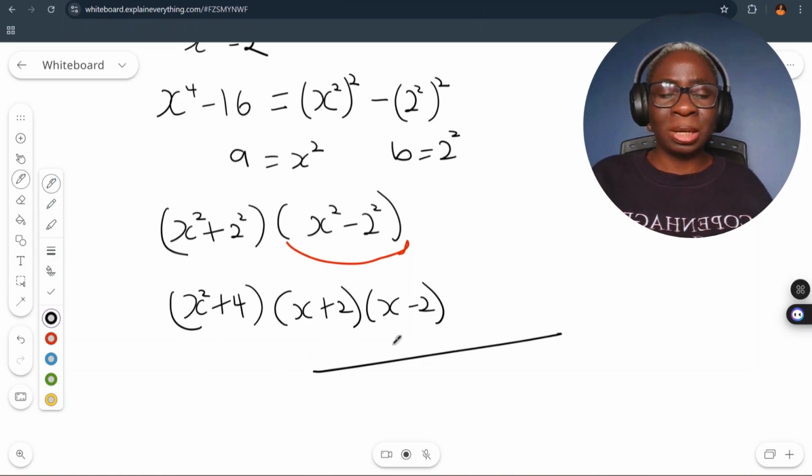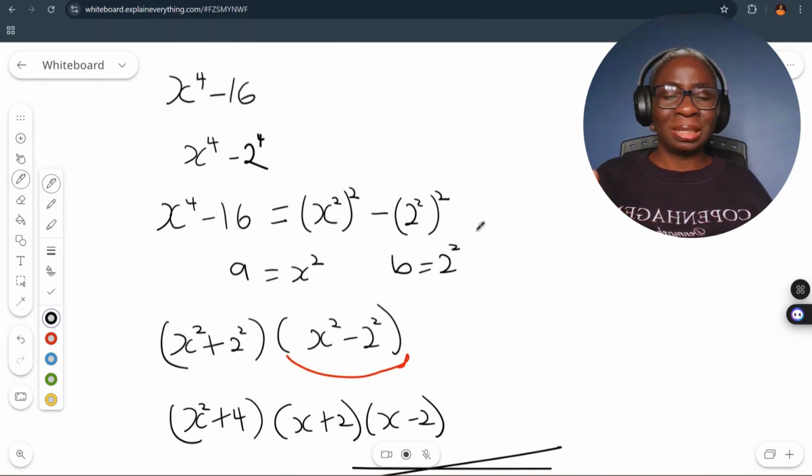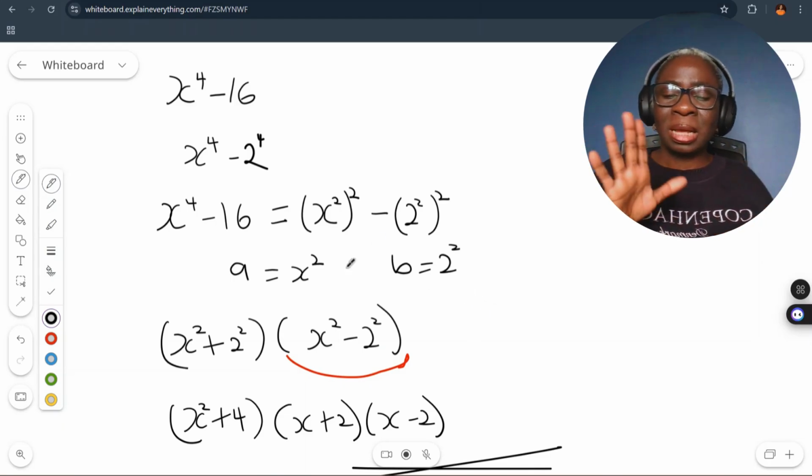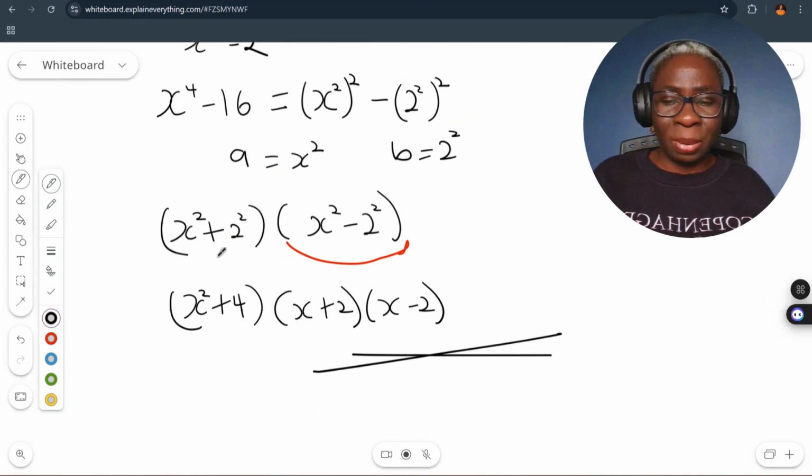So this is the complete factorization. Go through it again. What we did is that we simplified. We first found the squares, then we factorized, and then there is nothing we can do about this one because it has positive, but because this one has negative, we factorize again. So we just factorized completely.